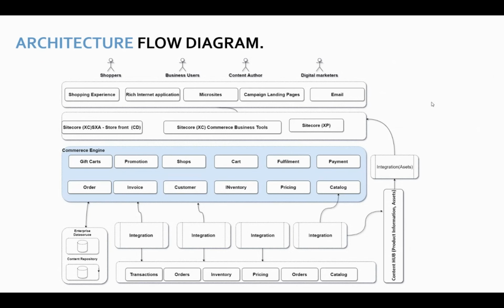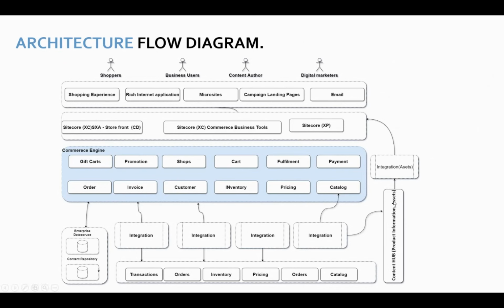For example, a basic need would be that you want to pull product details from a backend system, or push the order to a third party SAP system. So you would need an integration point. Down the line, in the second row, I mentioned the integration points, and on the left side you can see there is a Content Hub.